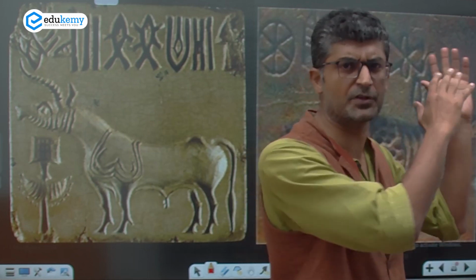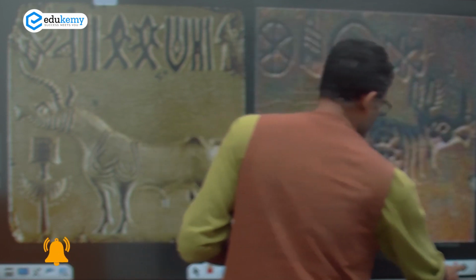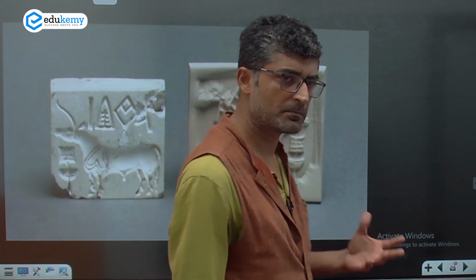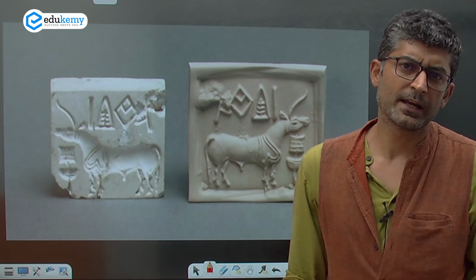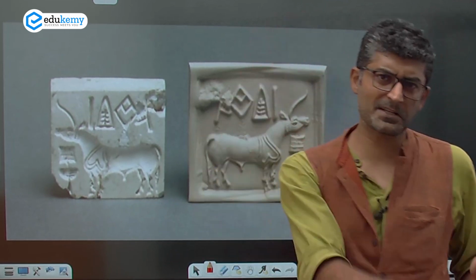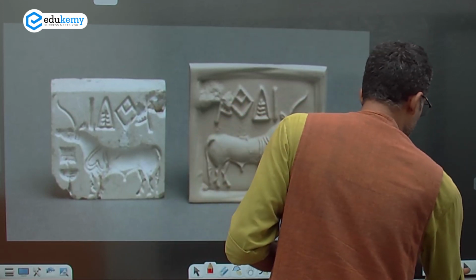Their presence in such large numbers in these faraway cities indicates that they may have been associated with the economy. They could be the symbols of merchant houses who would use these seals and sealings to make a mark on their merchandise. That's one theory which seems to be floating around.